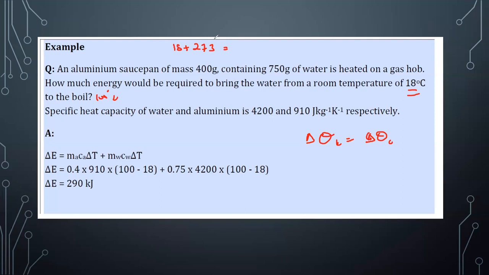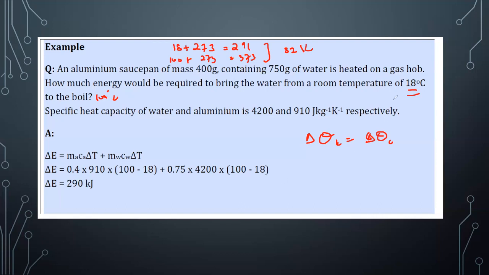And 100 plus 273 is equal to 373. So when we calculate the temperature change, it will be 373 minus 291. That will come out as 82. So the temperature change is 82 Kelvin.